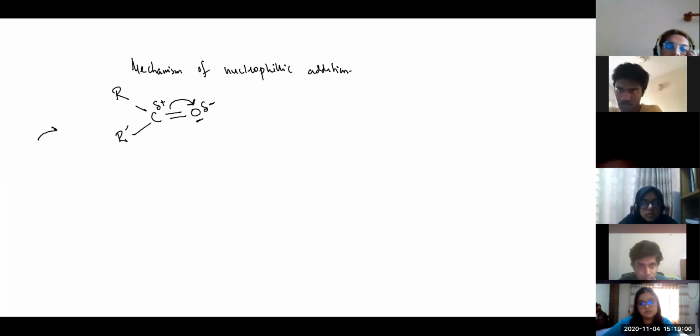So that's why it's a double-headed arrow. Sir, is this only for ketones? Same for aldehyde and ketone, same reactions. They're like twin brothers, right? They have the same characteristics.